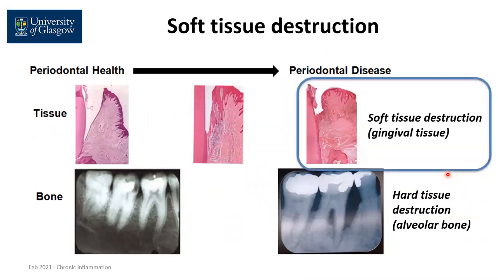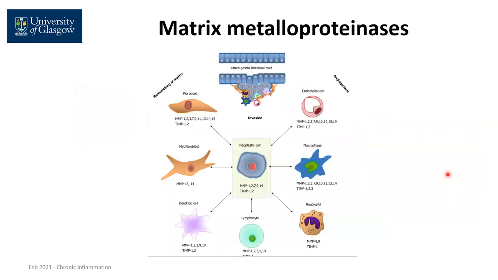So in the next few slides, we're going to talk specifically about soft tissue destruction, so basically destruction of the gingival tissue that is associated with periodontal disease. These MMPs, I don't think I've touched upon them before in any of my sessions, so it's a bit of a new concept for you.